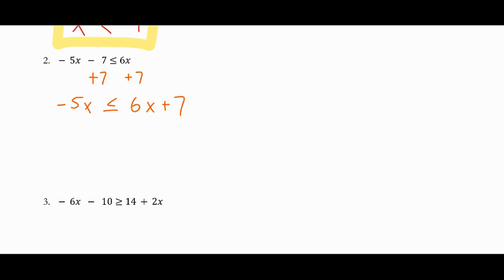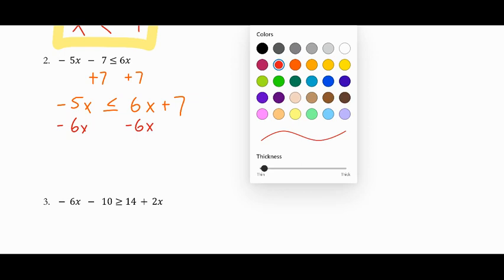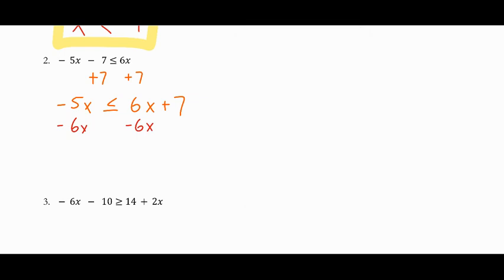And the reason why we couldn't add these 6x and 7 together is because they're not like terms. To get the x by itself, let's go ahead and subtract 6x from both sides. Add those together and I get negative 11x is less than or equal to 7.